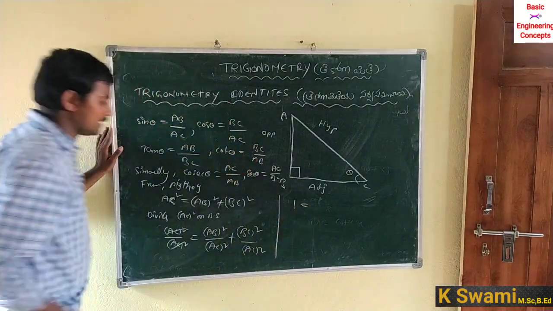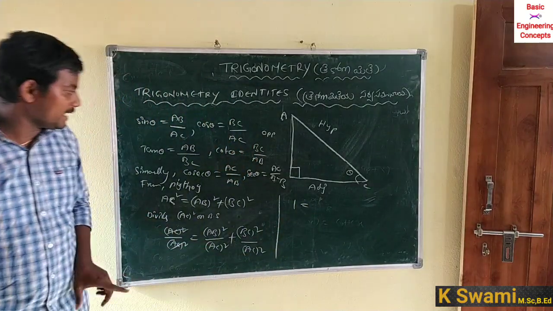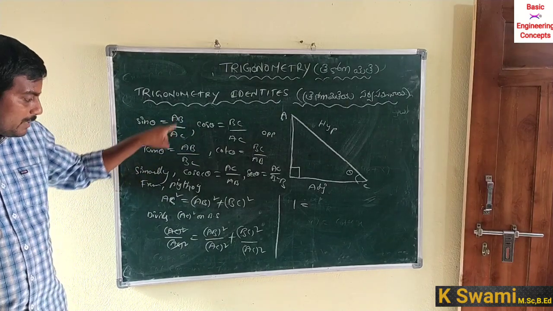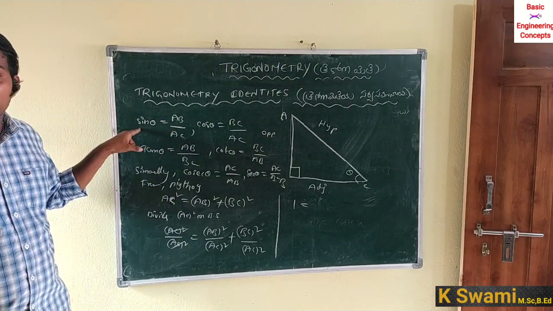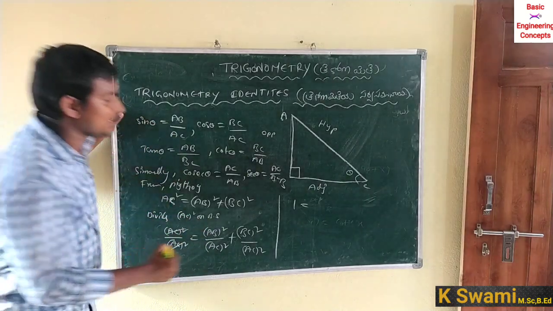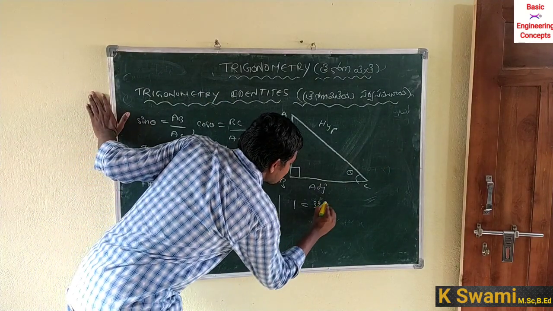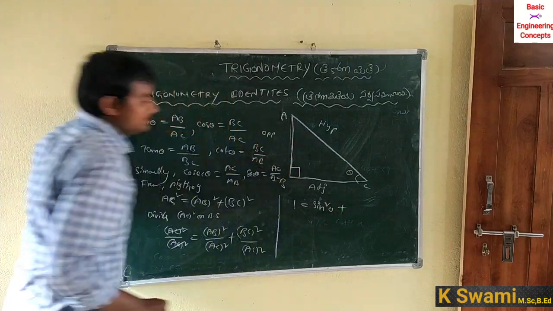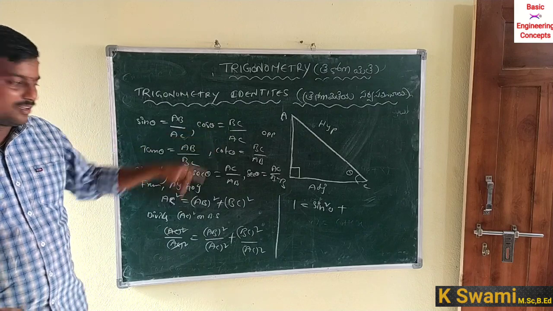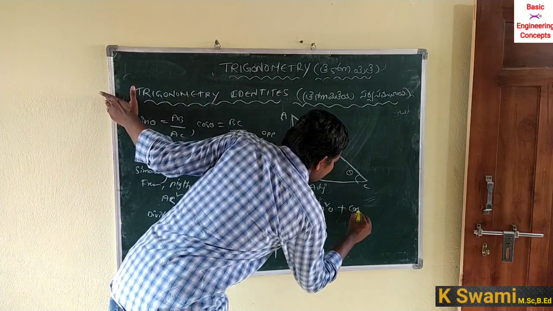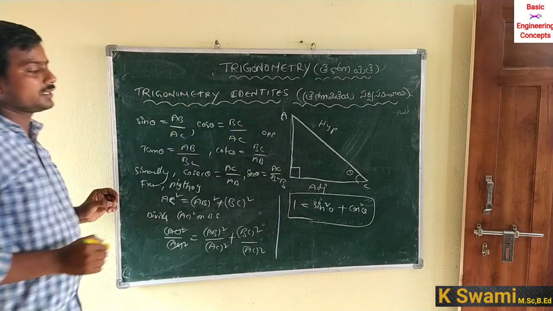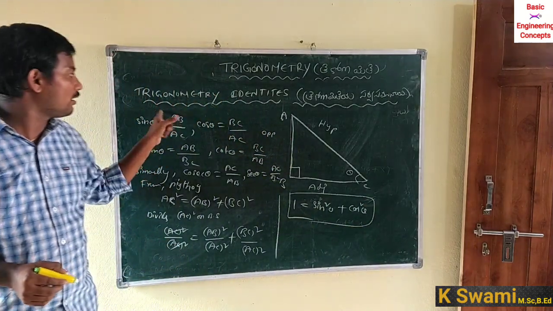So 1 is equal to AB by AC whole square plus BC by AC whole square. AB by AC is sin theta, so substitute: sin square theta, plus BC by AC is cos theta, so cos square theta.